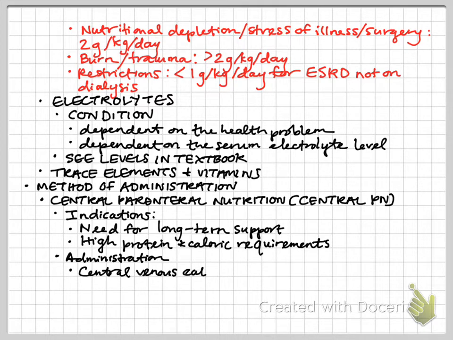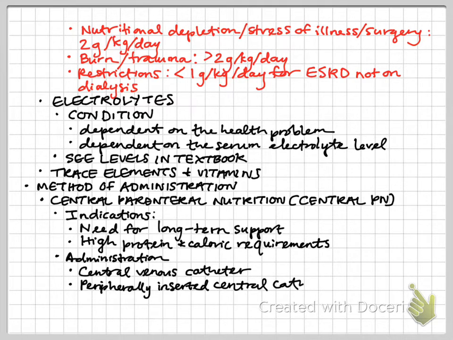According to your book, that's supposed to be a C, but it looks like an E. And then also through a peripherally inserted central catheter, and we will be talking about this in the next video, unless you've already watched it. I'm just making this one first for no particular reason. So that would be called a PIC line. You guys are familiar with PIC lines, hopefully. The central venous catheter and PIC lines we're going to be talking about. We're also going to be talking about ports as well in the other video.